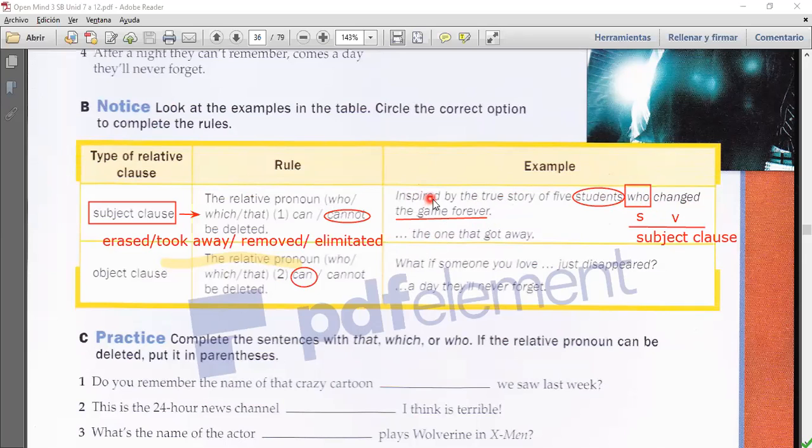Okay, inspired by the true story of 5 students who changed the game forever. So who is in place of students?